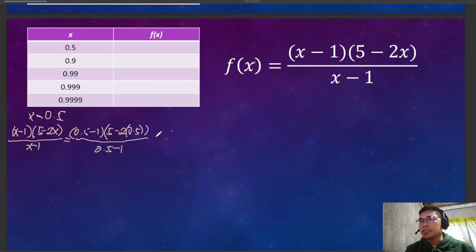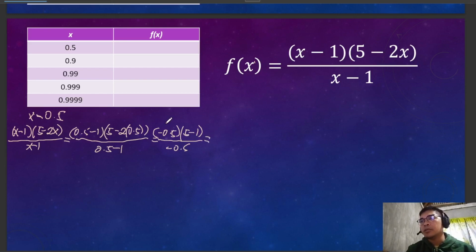So what is the answer now? So for 0.5 minus 1, that is negative 0.5 times 5 minus 2 times 0.5. What will be the result? 2 times 0.5, the answer is 1. Then sa obos pod is 0.5.